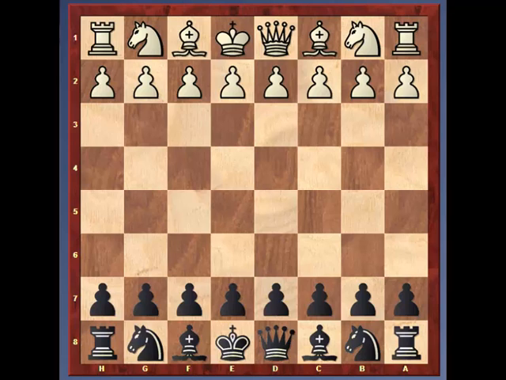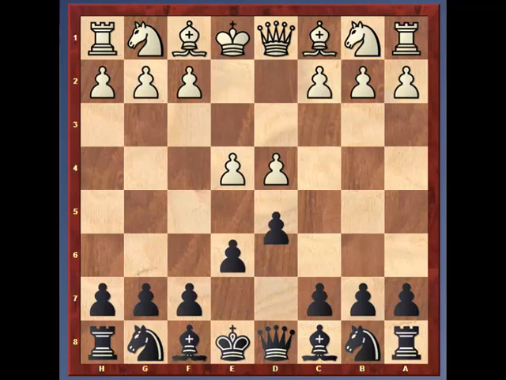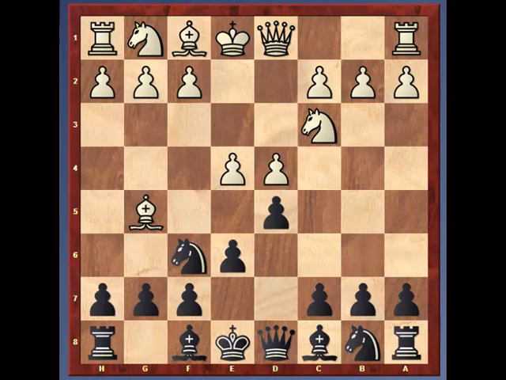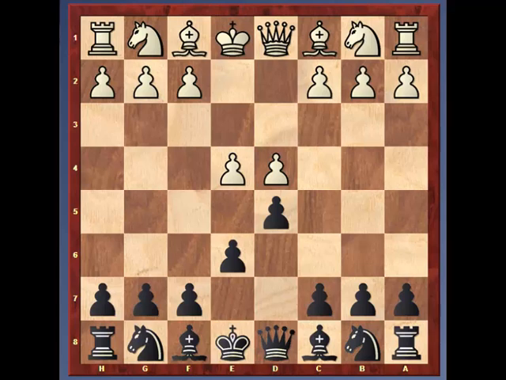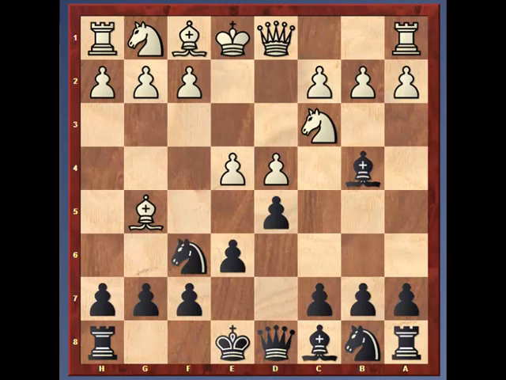This is the advanced variation of the McCutcheon. This is the Chigorin variation of the McCutcheon. And the Grigoriev variation extended.